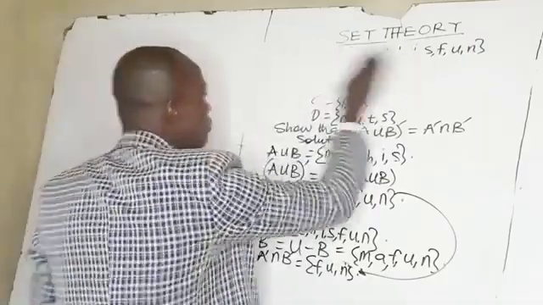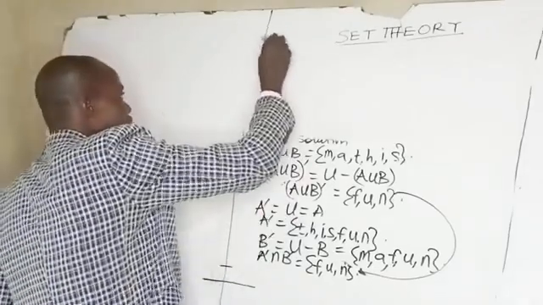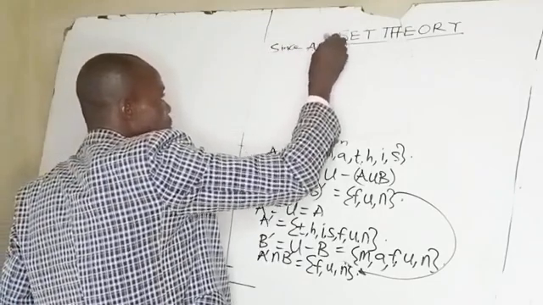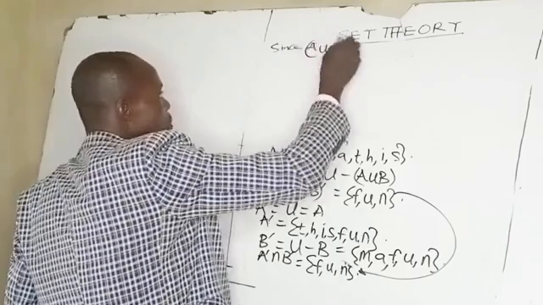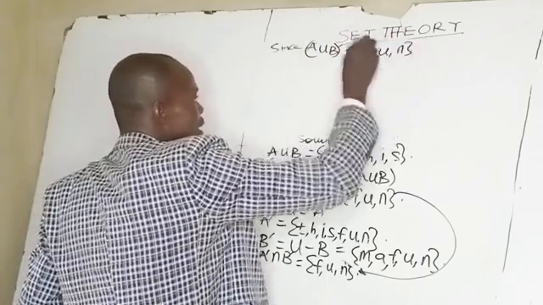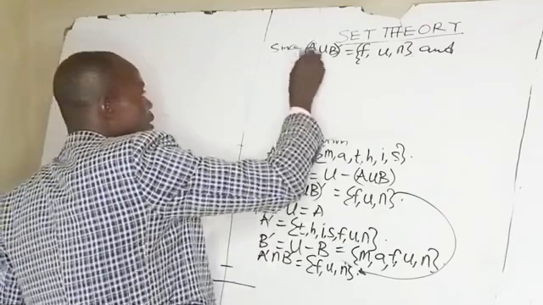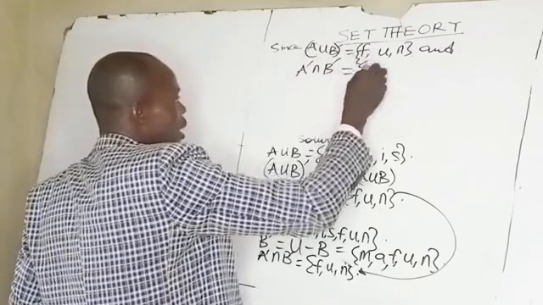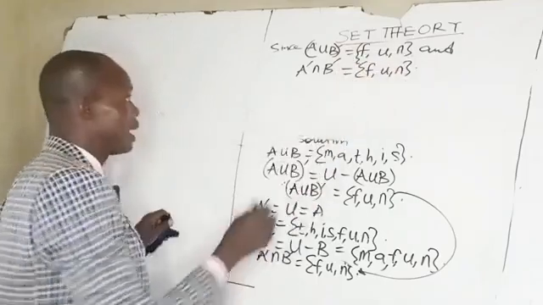you may now write: since A union B prime equals FUN, and A prime intersection B prime is also FUN, they have the same members.